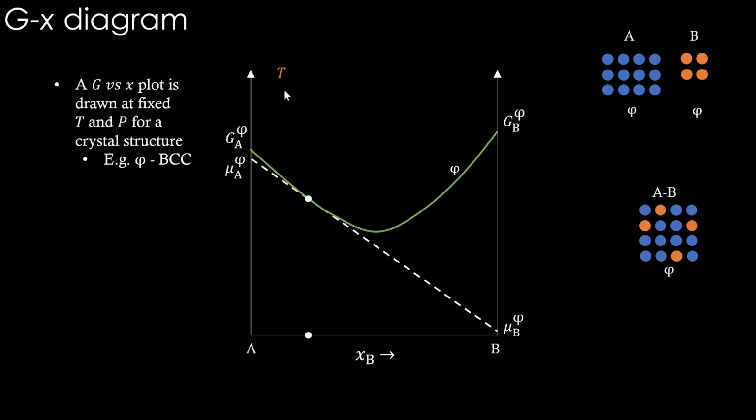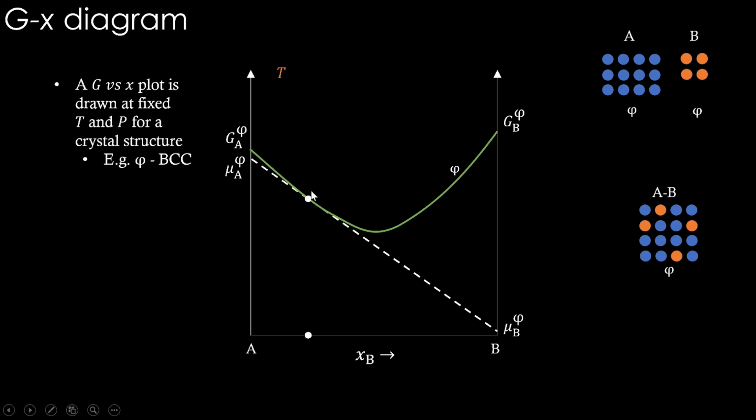The point is, the element A may be in nature an FCC element. In that case, the Gibbs energy of pure element A you cannot get directly, because we are fixing the temperature. At this temperature, A may be FCC and you can't get the Gibbs energy of that. In that case, can we draw this kind of curve? Yes, we need to get this data, only then we can draw this curve up to these extreme ends.